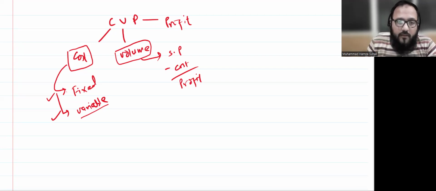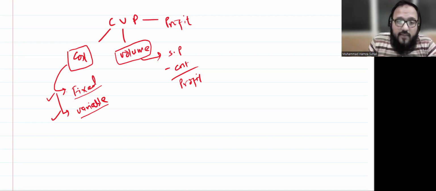So there is a relationship between the cost, volume and profit. If the production volume increases, the fixed cost will remain fixed and the variable cost, I'm right now talking about the total cost structure, the variable cost in total will increase.